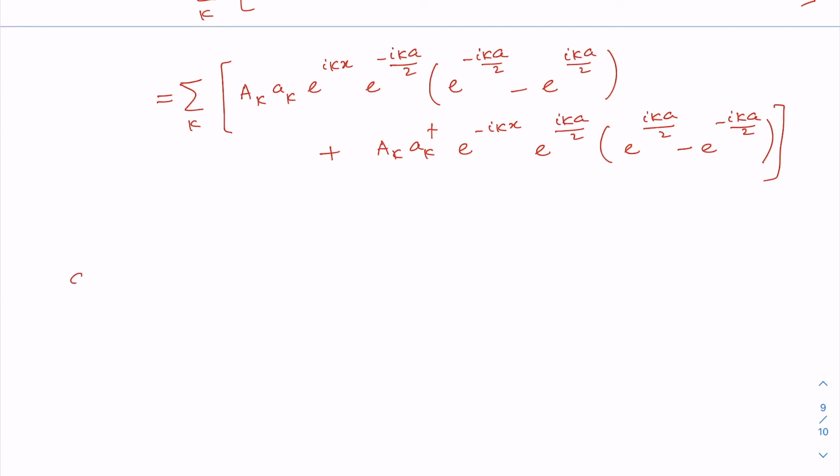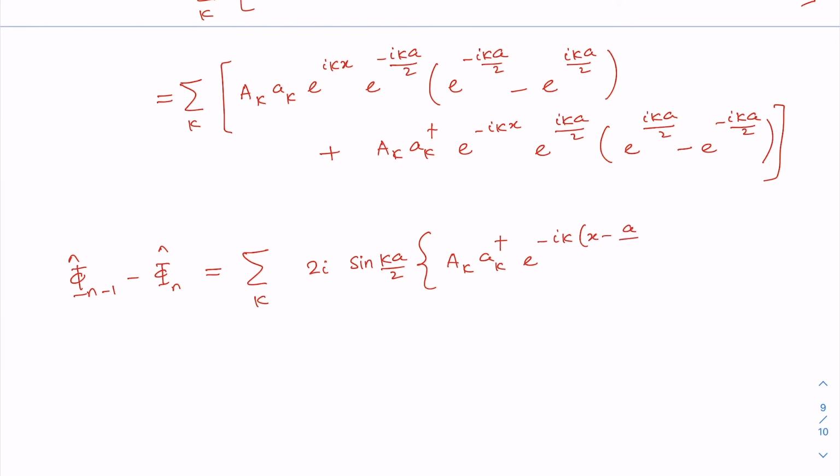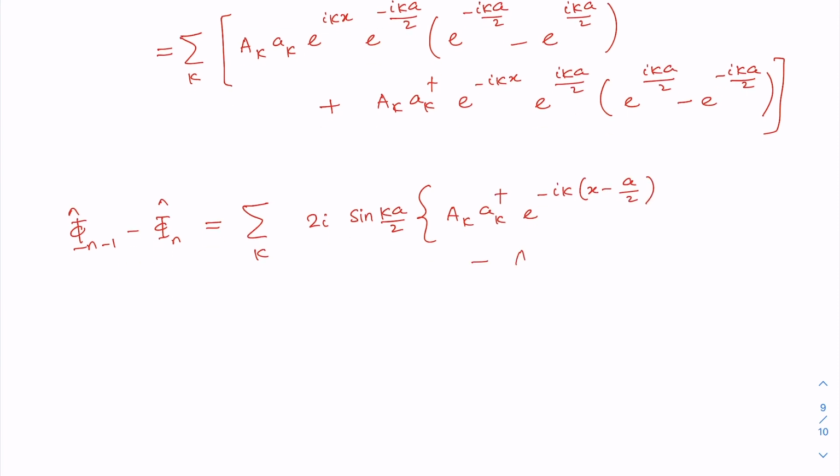Finally, if you apply that, you will get phi n minus 1 minus phi n equal to sum over k 2I sine ka by 2, and here you will have ak dagger e to the power minus I k x minus a by 2 minus ak e to the power I k x minus a by 2. Okay, so this is what I will get.